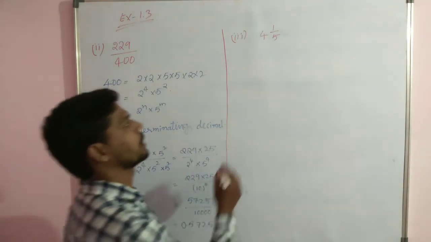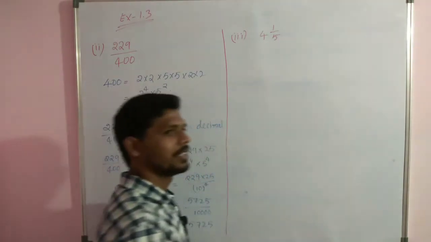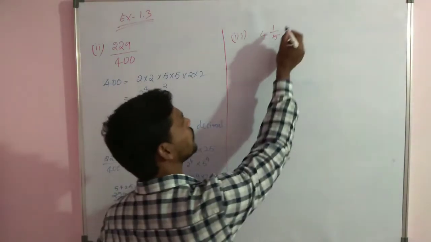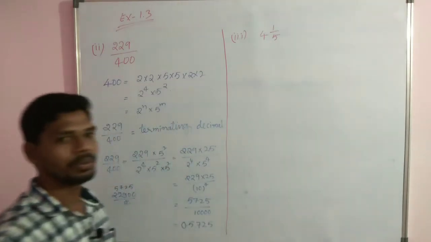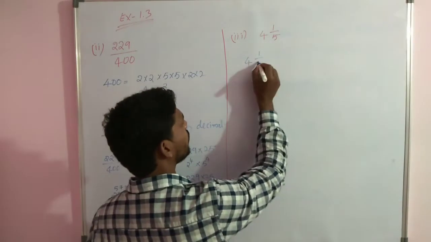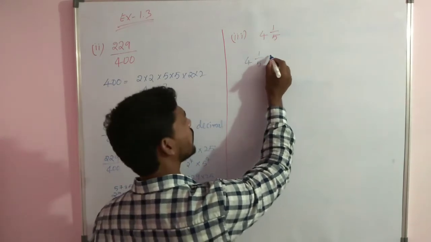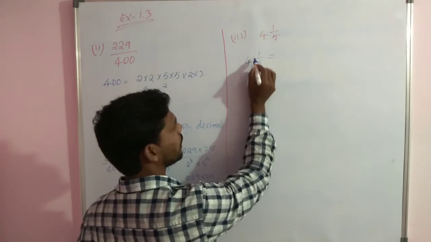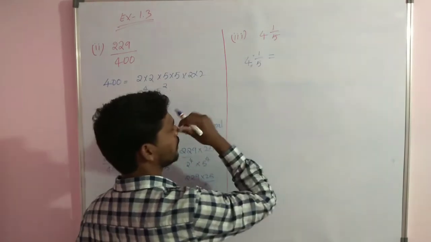Coming to the next one, the given fraction is a mixed fraction. So first you convert it into an improper fraction. So 4 1 by 5 can be written as: multiply these two, 4 into 5, add the numerator, that is 1.